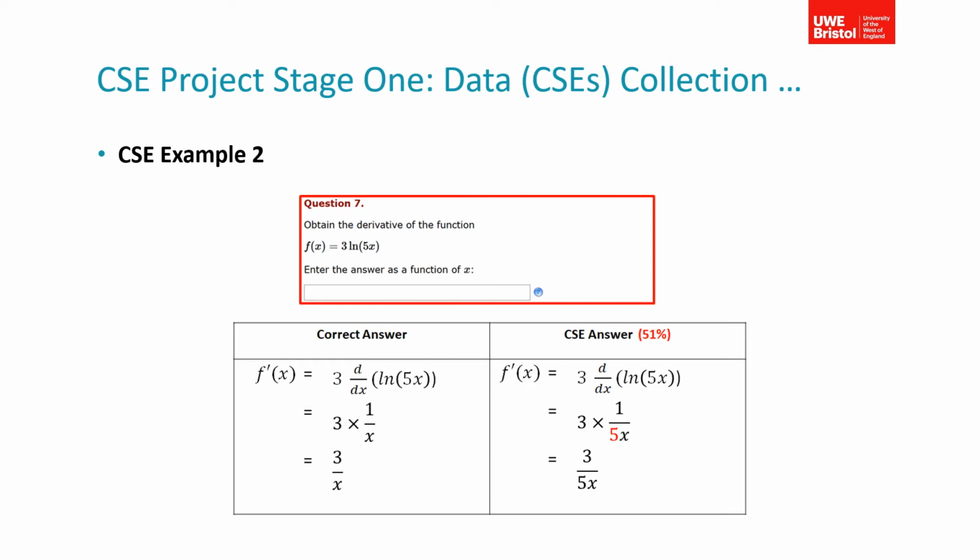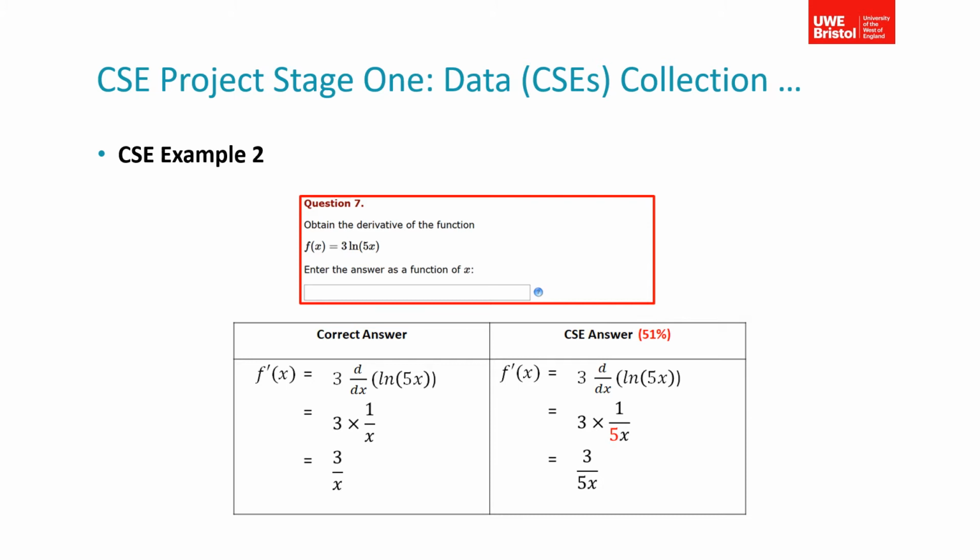Some students even wrote the reason in their rough work, saying that since the differential of ln x is 1/x, the differential of ln 5x is 1/5x. The literature suggests that these misconceptions happen when students overgeneralize a concept.